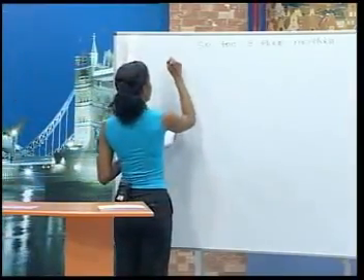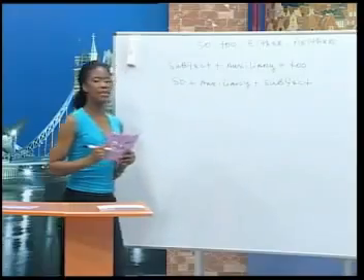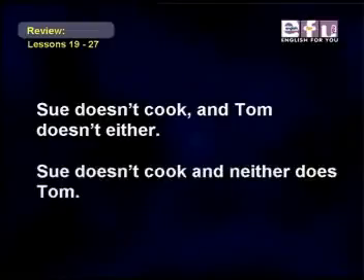So the word order is your subject plus your auxiliary plus too, or so plus your auxiliary verb plus your subject. Okay, take a look at these examples. Sue doesn't cook and Tom doesn't either.